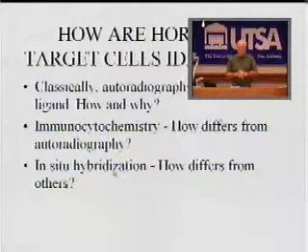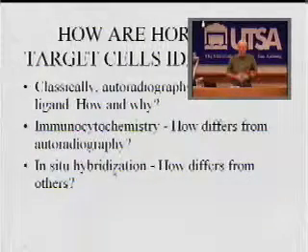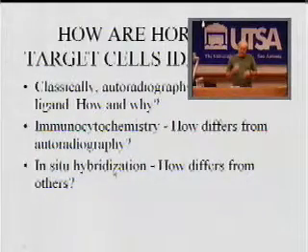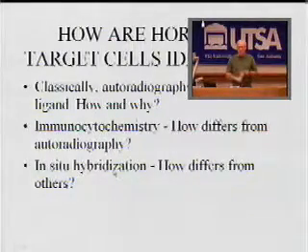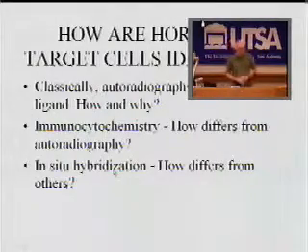Then we can determine what cells contain the message for the receptor, and thereby we feel confident that those cells express that gene and that that message is translated into the protein, and of course that it's a functional receptor.